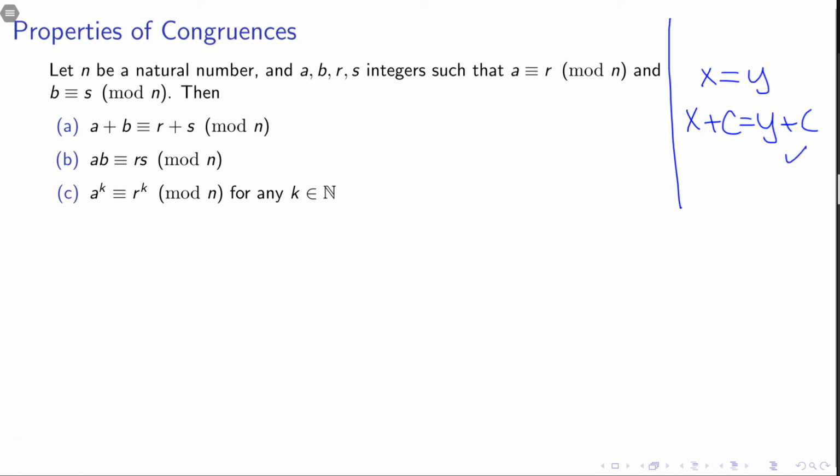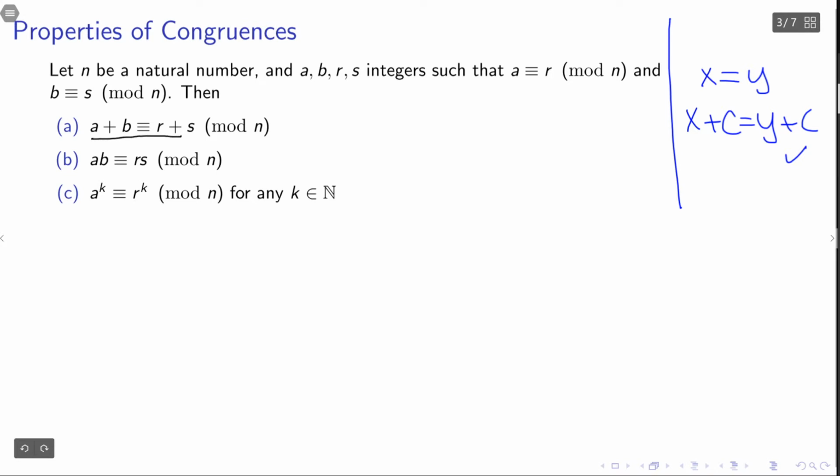So if x is equal to y, you add the same thing on both sides, the left side is still going to be equal to the right side afterwards. It turns out that for congruences, a very similar property holds.